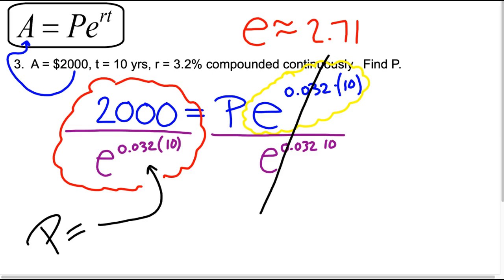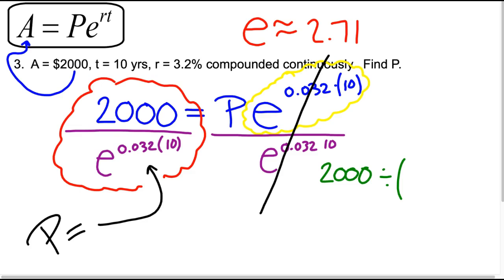On my calculator, I think this is the best way to do it. You type in 2, 0, 0, 0, divide, right? And then you might want to use a parenthesis here because you have a TI-30X, so it's not the fanciest one. You can't just create a fraction like in the Inspire.